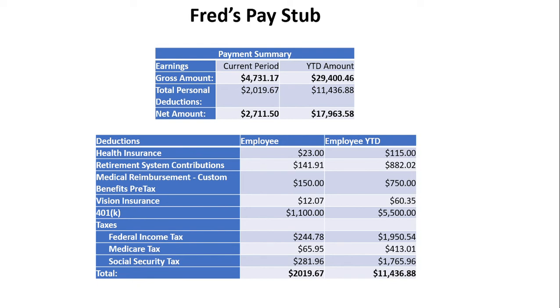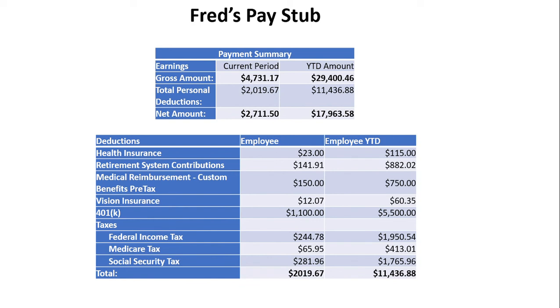The Social Security and Medicare tax will not be reduced because of it, but your federal income tax would be. So if you have a job where that's an option, that is a great thing because you lower your taxable income.